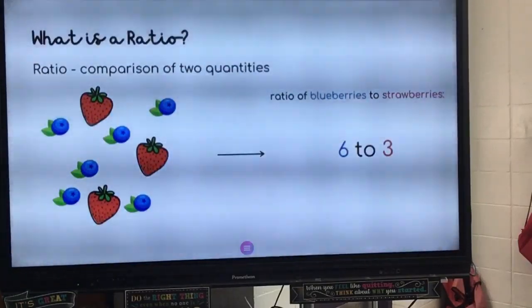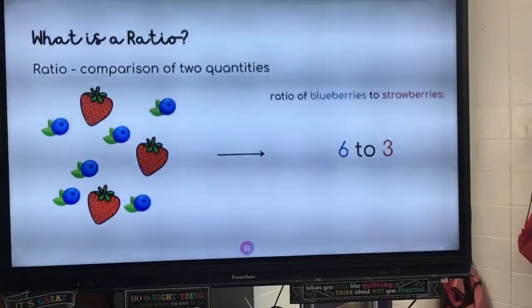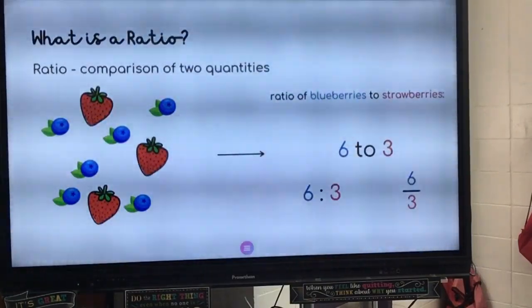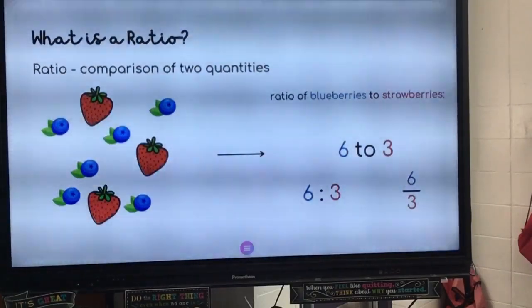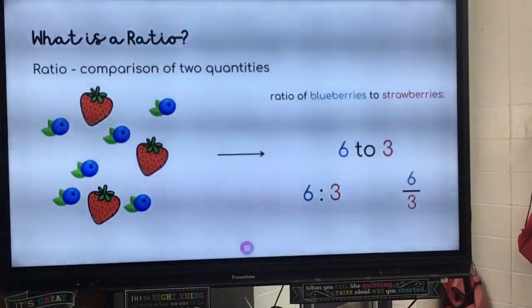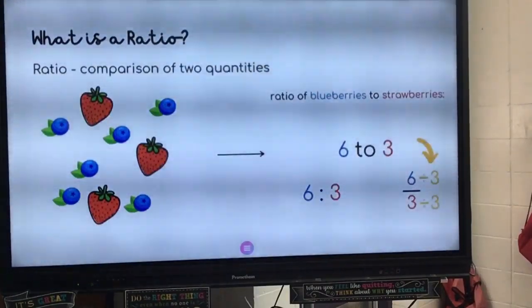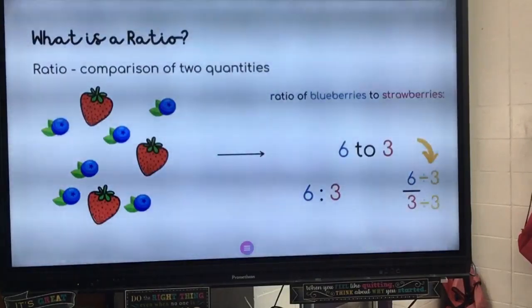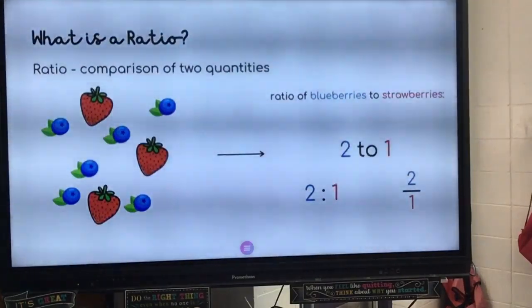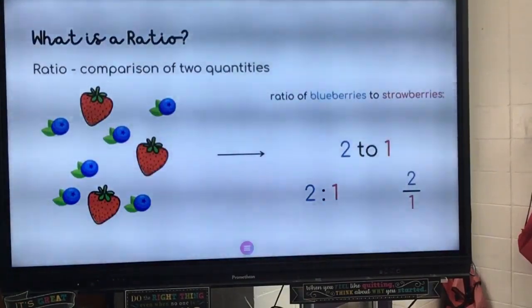So the ratio of blueberries to strawberries is 6 to 3, which can also be written in these different ways. We can also talk about simplifying the ratio, just like how we simplify normal fractions. If you divide both numbers by 3, the ratio of blueberries to strawberries simplifies to 2 to 1. This actually tells you that for every 2 blueberries, you have 1 strawberry.